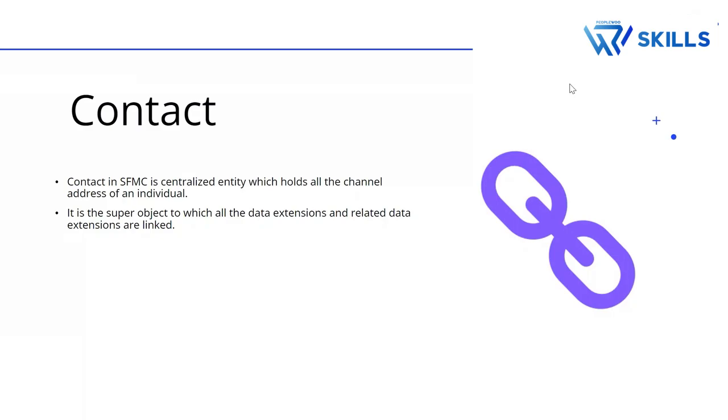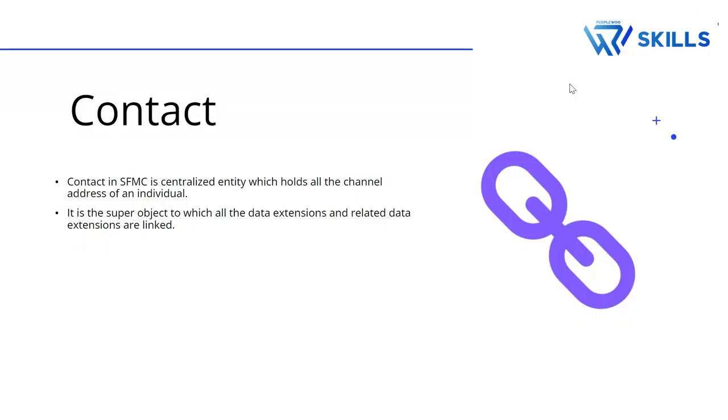So there can be multiple different places a subscriber can exist. For the system to identify wherever all these subscribers are being utilized, you have to link these subscribers with an object which is the super object in Salesforce Marketing Cloud, known as the contact object.